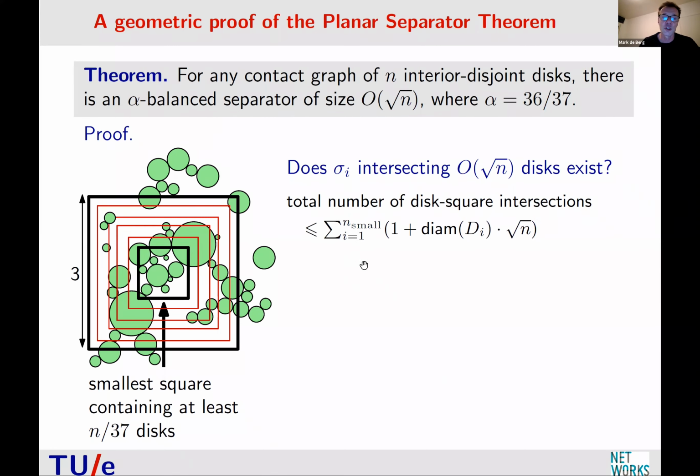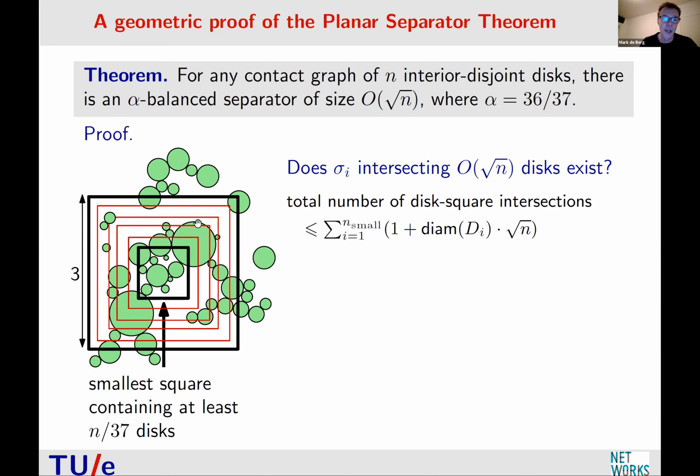How many squares can a disk intersect? Well, remember that the distance between two of these red squares is 1/square root of n. So if the diameter is, let's say, smaller than that, it can intersect only one square. If the diameter is maybe 2 times 1/square root of n, it can intersect 2, and so on. So in general, the number of red squares that you intersect depends on how large the disk is.